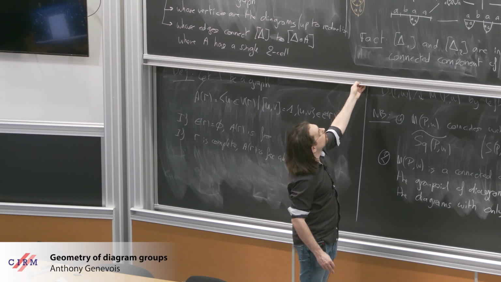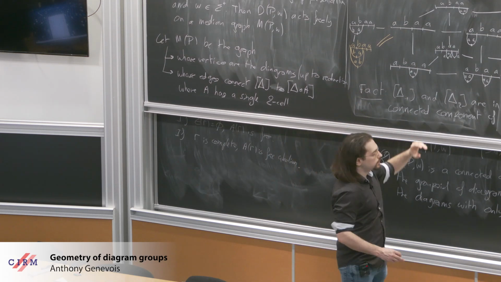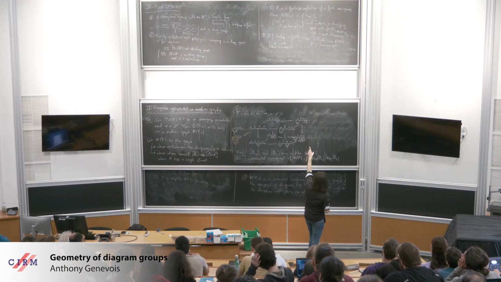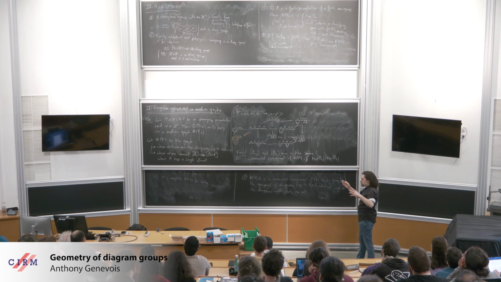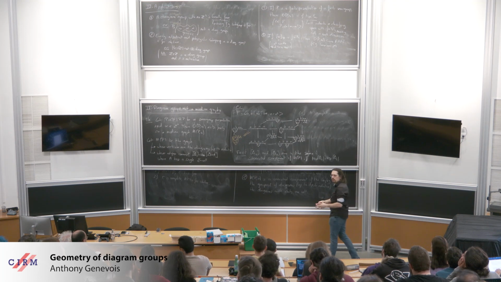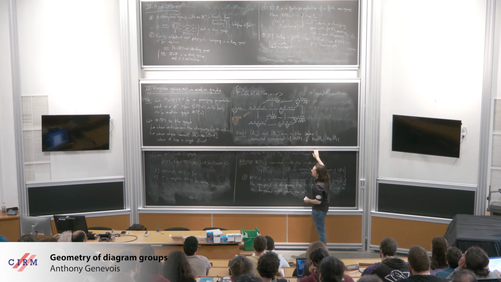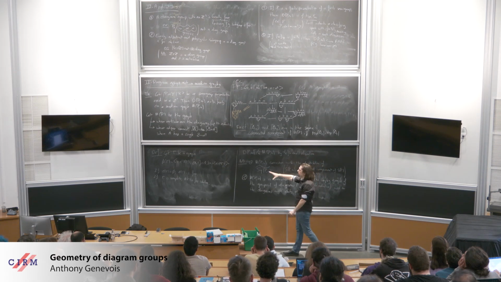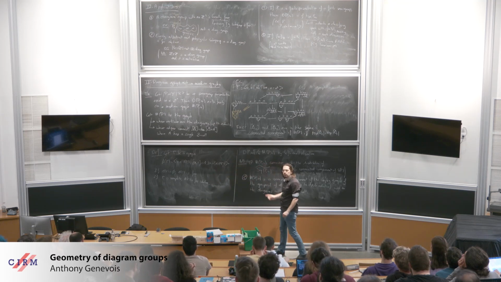And so what the claim here is about is, if I have this assumption that the class of W is finite, then my group will be isomorphic to a subgroup of a right-angled Artin group. Okay? So in particular, all the nice properties I know about RAGs that pass to subgroups will be automatically satisfied by these diagram groups.